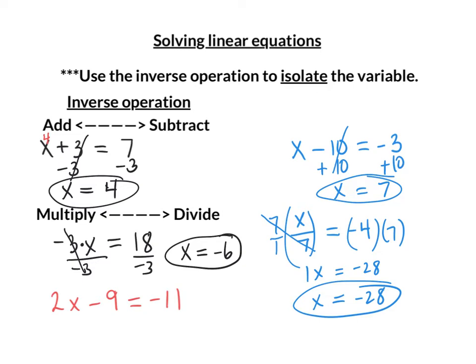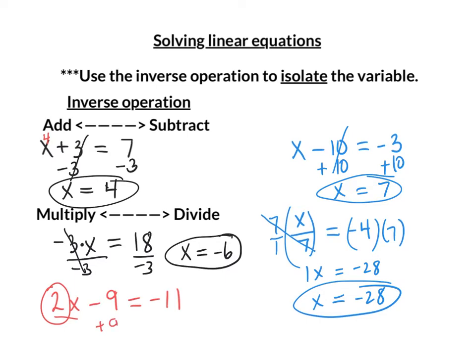For this last one, I need to get x by itself, and it takes a couple of steps. The last thing you get rid of is the coefficient. Right here, that's the last thing I do. In general, I'll get the variable term by itself, that's the 2x. So the first thing I do is get rid of that subtraction by 9.